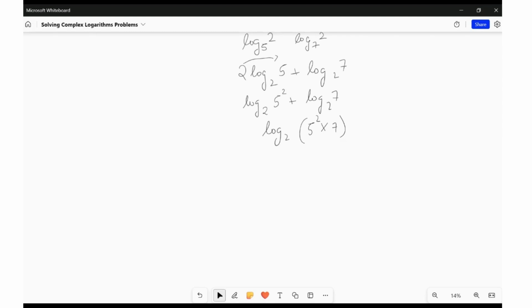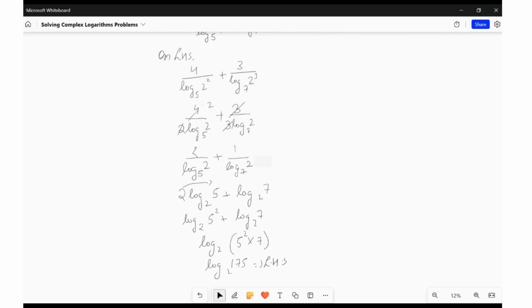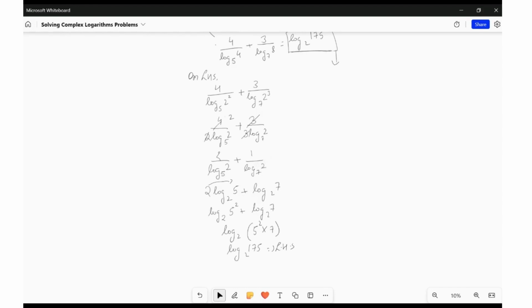Now 25 into 7, it's just 175. Now this is LHS, and this was our RHS. Now LHS is equal to our RHS, hence showed that.